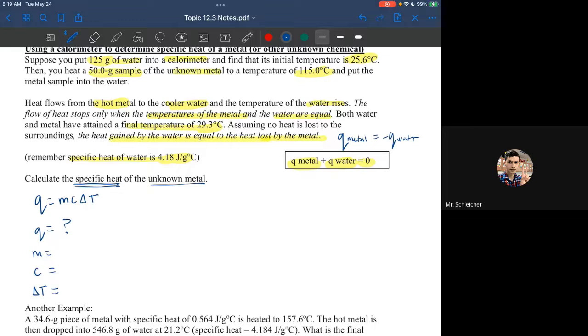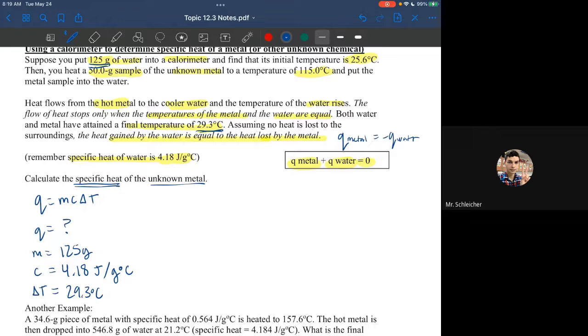For the mass, they said 125 grams of water. For the specific heat of water, notice it's always the same number, 4.18 joules per gram degree Celsius. And for the change in temperature, what was the final temperature of the water? 29.3 degrees Celsius.